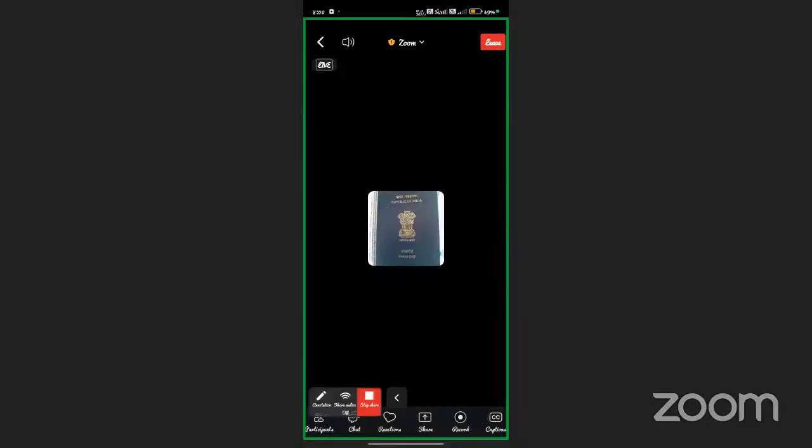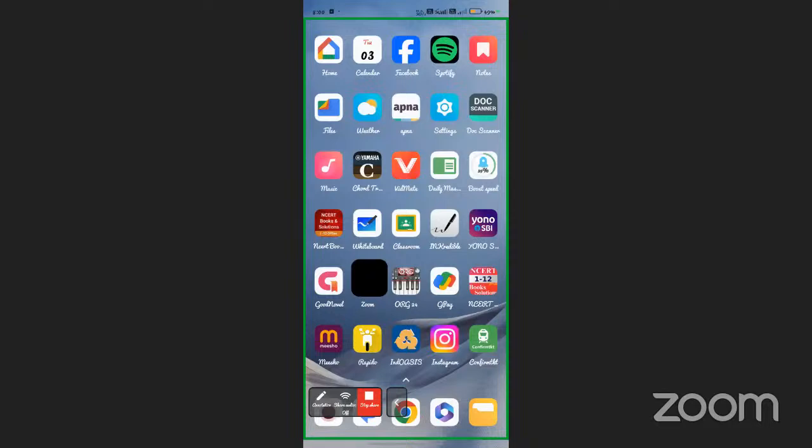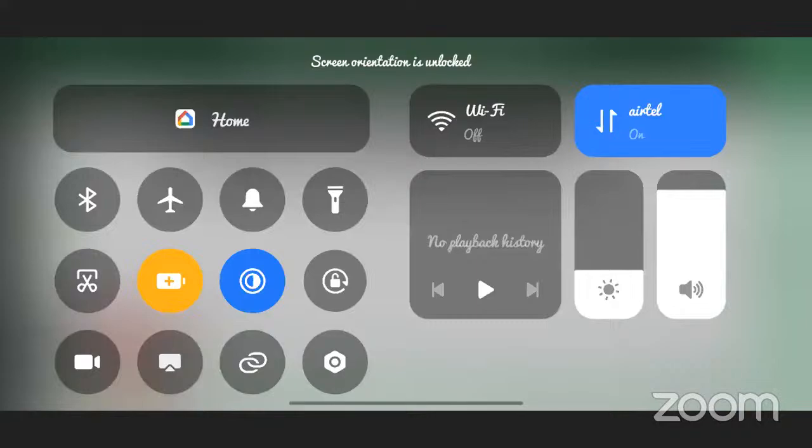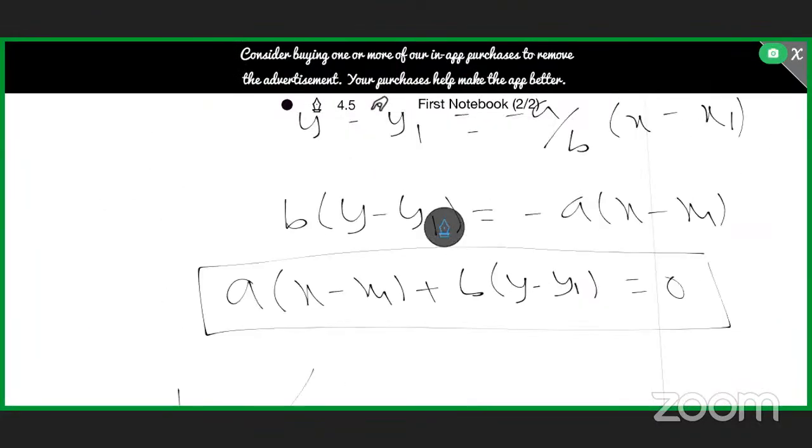Yes, students. If you cross multiply and arrange the terms, it will become b into x minus x1 minus a into y minus y1 is equal to 0.